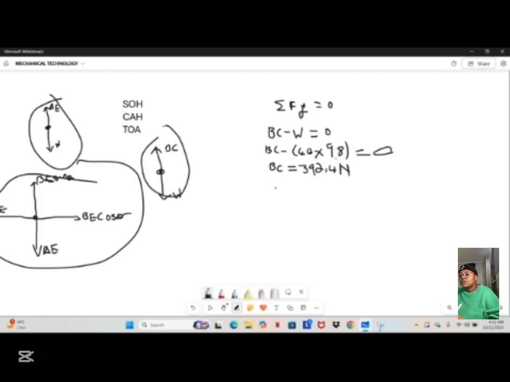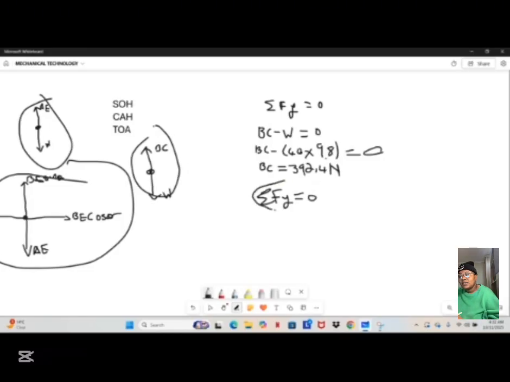Okay, so we're gonna be given BE sine of theta, and always know that the force is going up, they're both equal, right? Okay, let's do it.